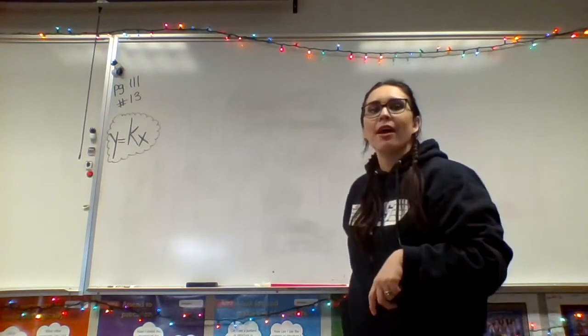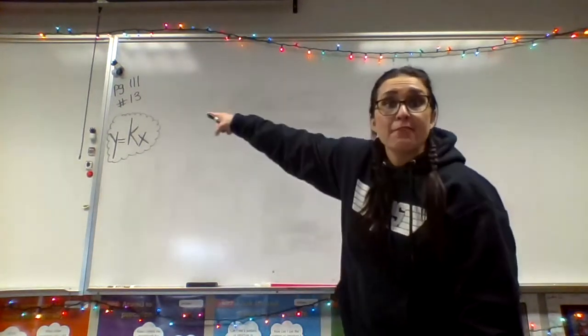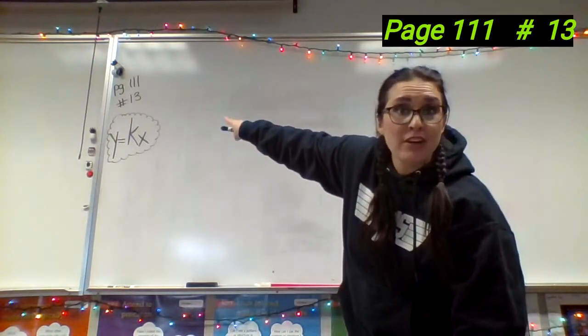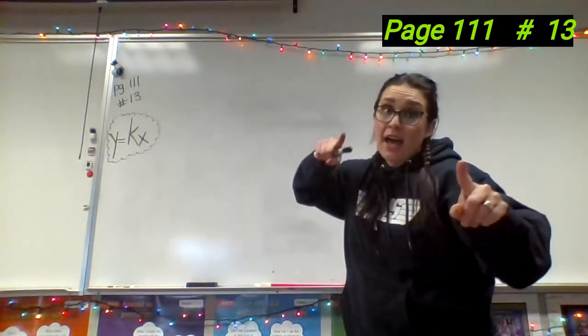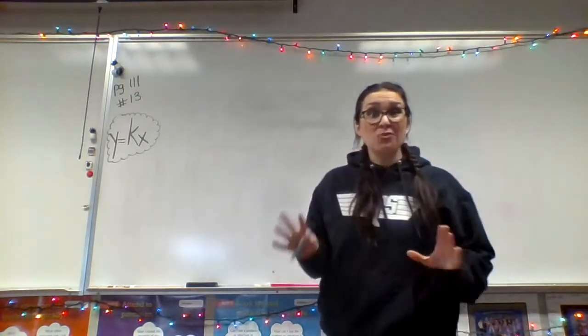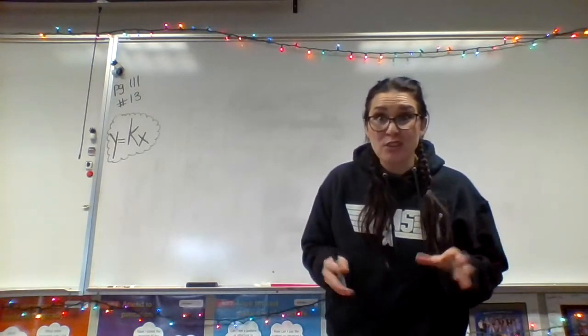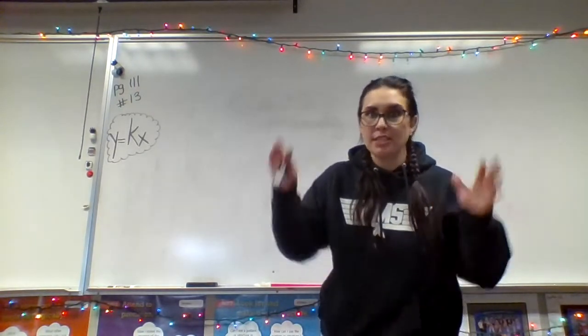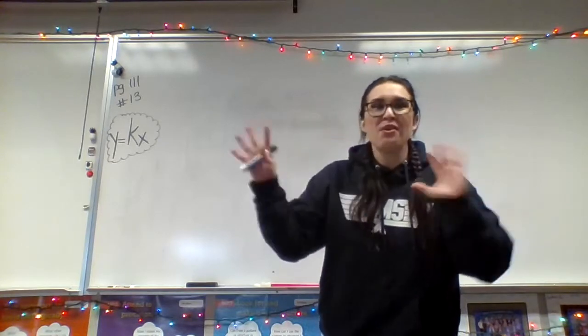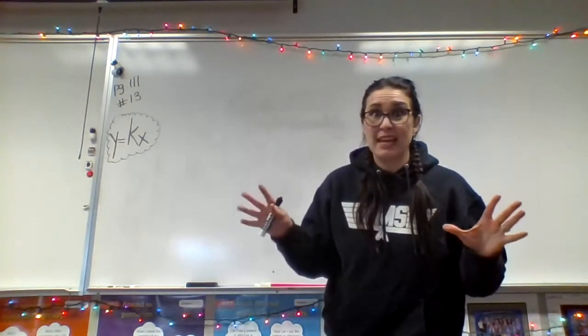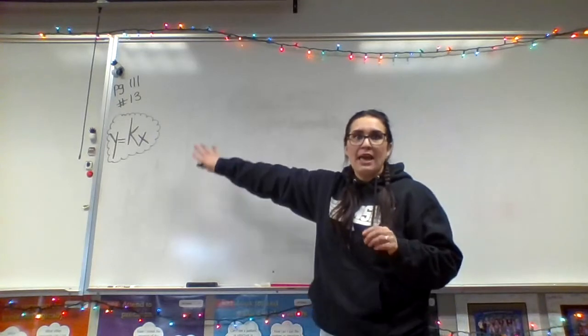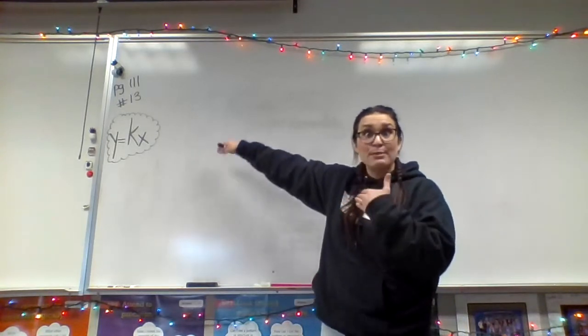Hey, are you ready to put this to the test? I know I am. The first problem we're going to look at is on page 111, and it's number 13. I also wrote down that formula that we're going to use for the constant of proportionality, just to help remember our end goal, where we're trying to get to. So again, y equals k times x.